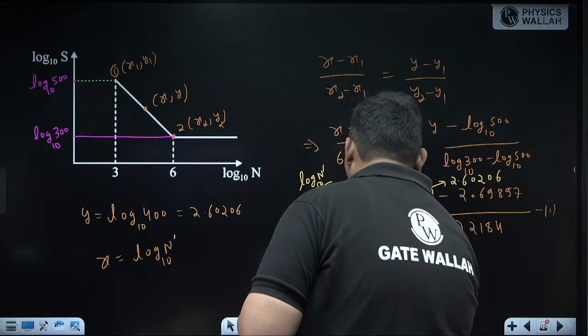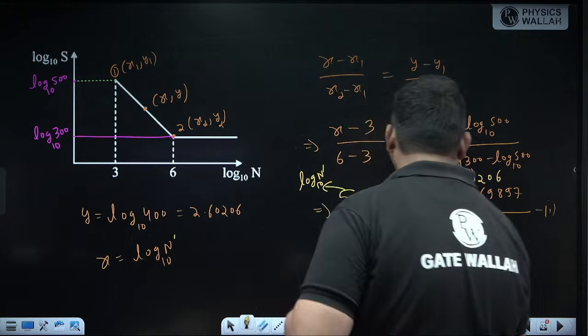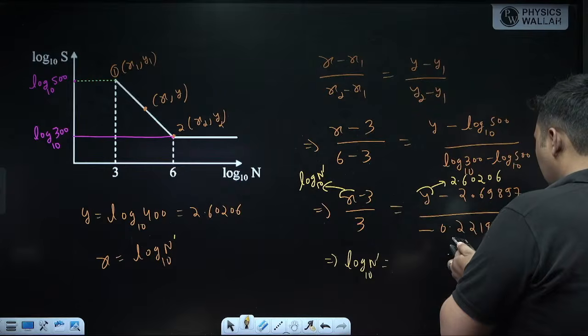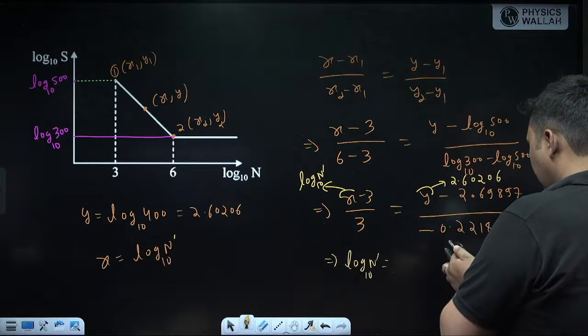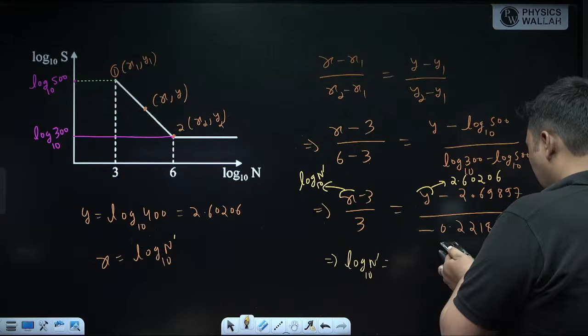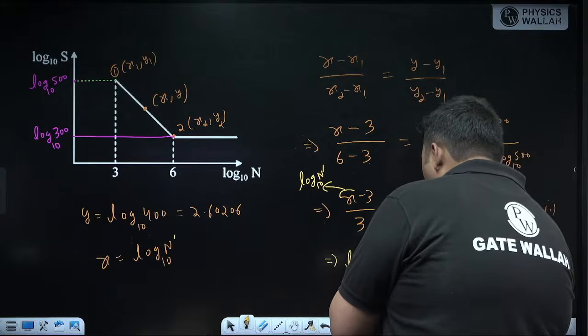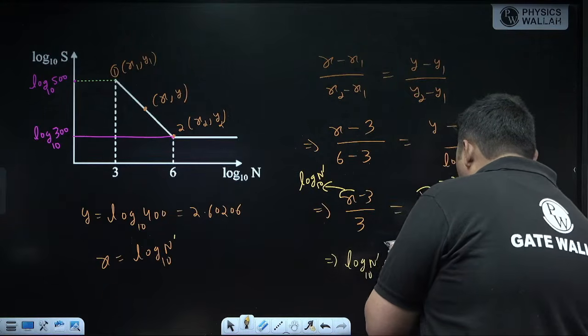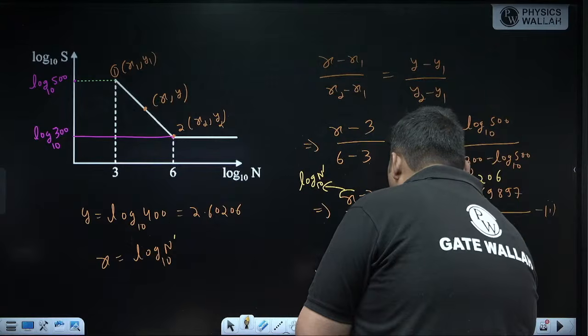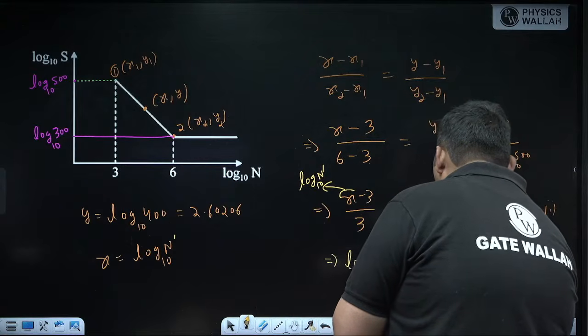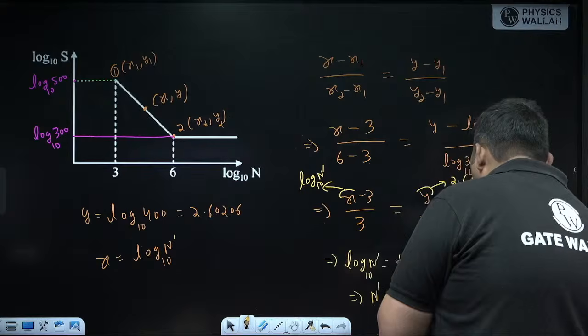How much is log n dash coming? 2.60206 minus 2.69897 divided by minus 0.22184 into 3 plus 3. Is it coming 4.30810? So n dash will be 10 to the power 4.30810.